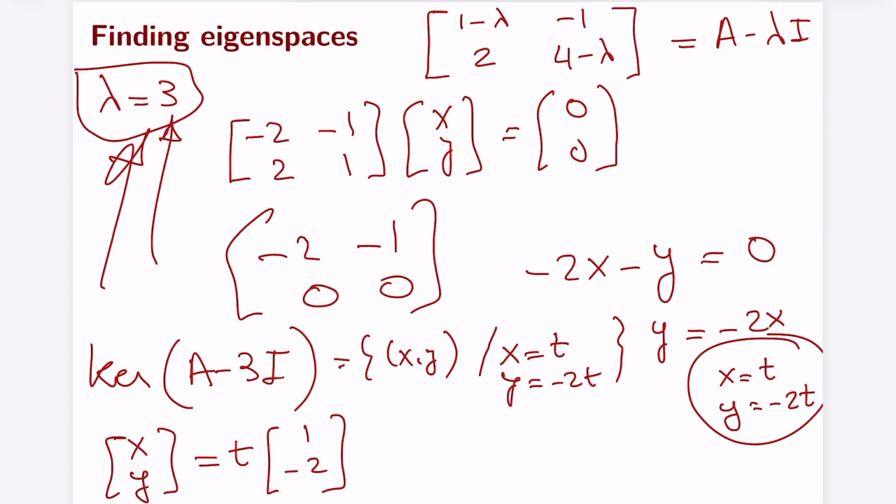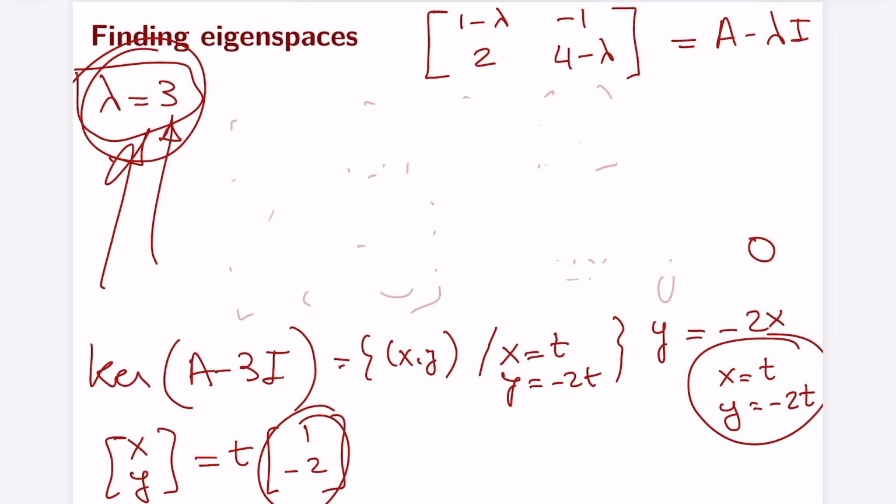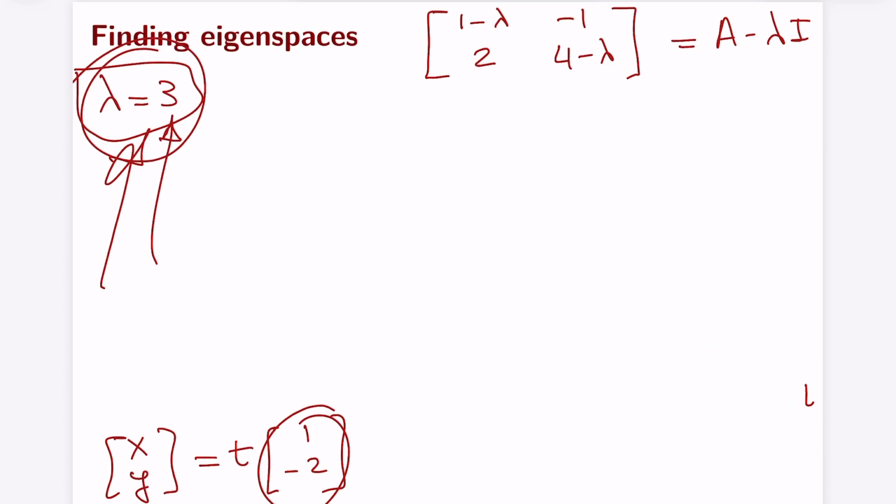How do we check that this is correct? We are getting that this is an eigenvector corresponding to this eigenvalue. What would be a possible check? We know what it means to be an eigenvector and an eigenvalue, so we check that this is true.